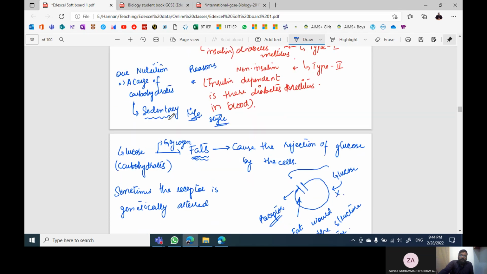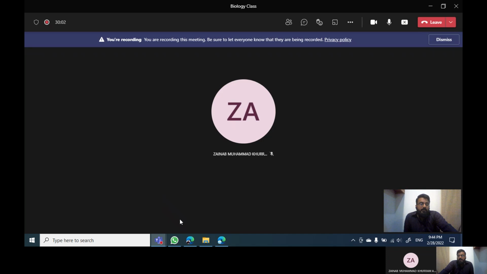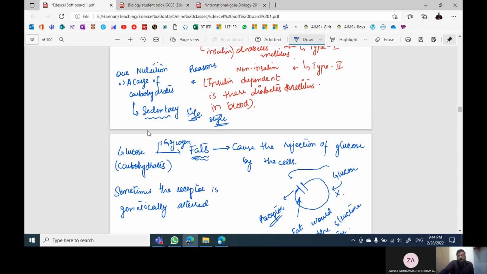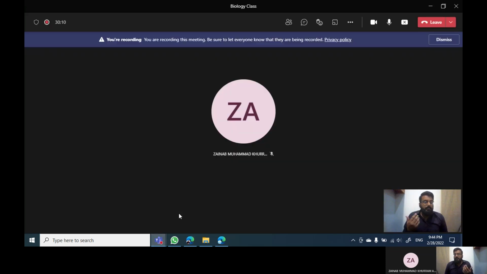So first things first, if someone is not suffering from type 2 diabetes genetically, then the major reason is a sedentary lifestyle. We eat a huge meal and then we stay in bed.